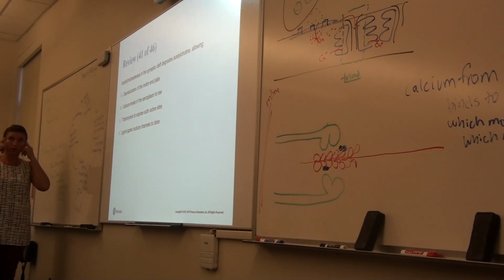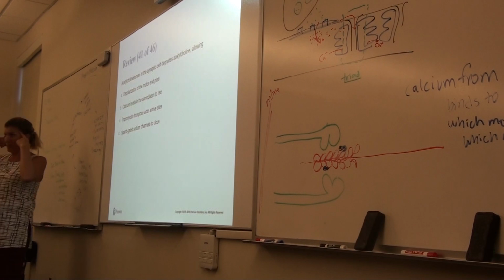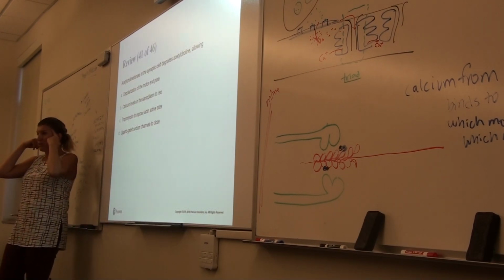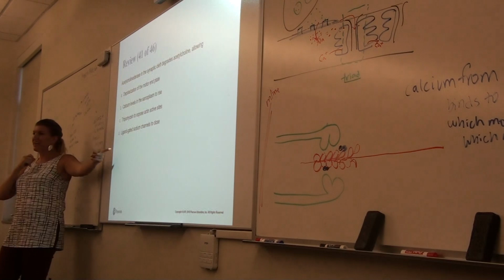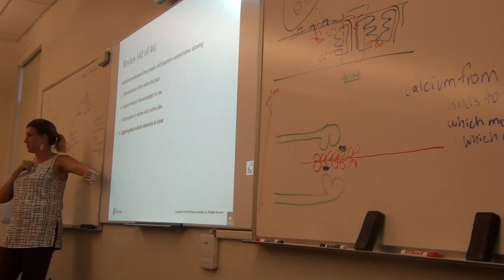So acetylcholinesterase recycles acetylcholine. What does acetylcholine do? Acetylcholine binds to the receptors and causes them to open, letting sodium go in. So if we don't have acetylcholine there, our ligand-gated sodium channels will close.